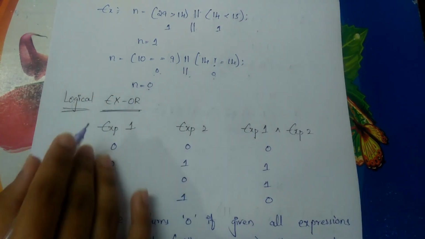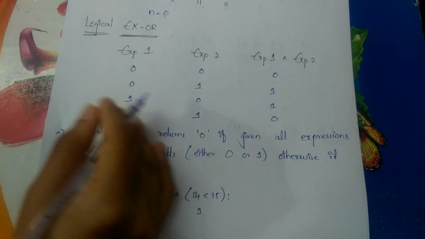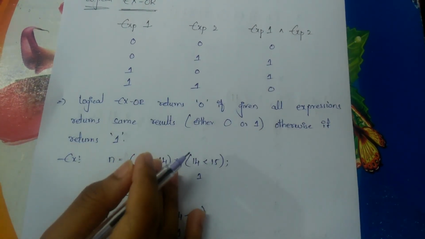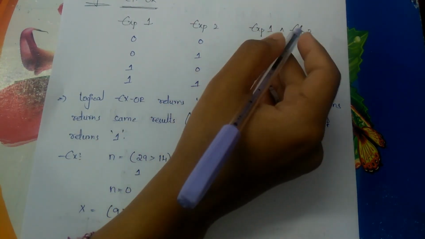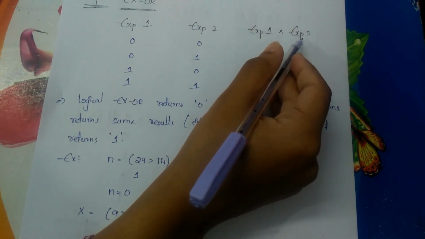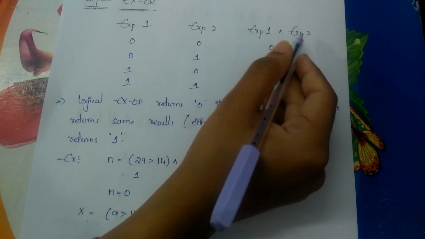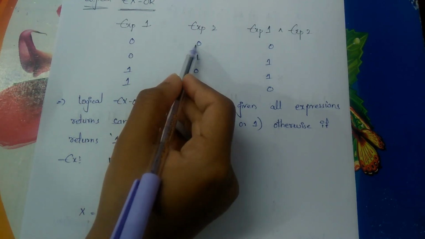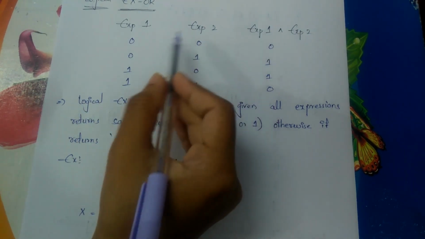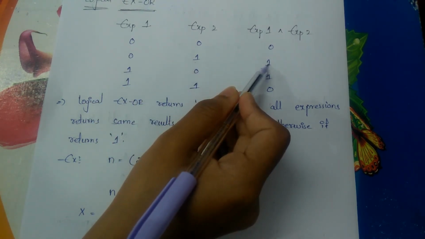Now let's see the logical XOR. Here also we will have two expressions, expression 1 and expression 2, expression 1 XOR expression 2. In this, if both statements are false, then it returns false. If the first statement is false and the second statement true, then it returns 1.